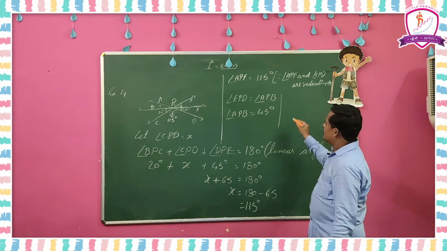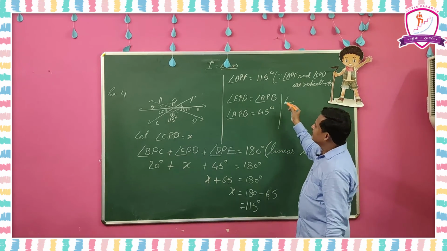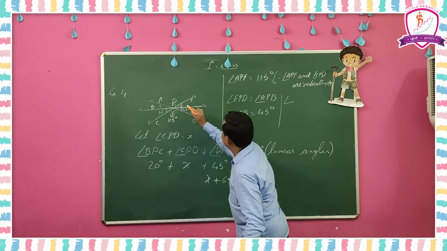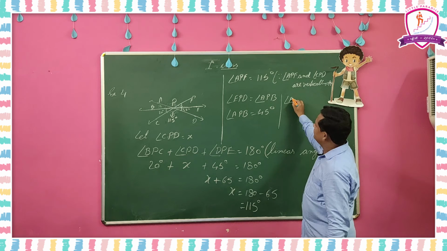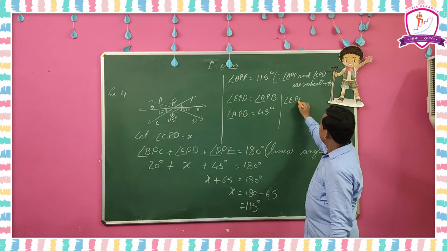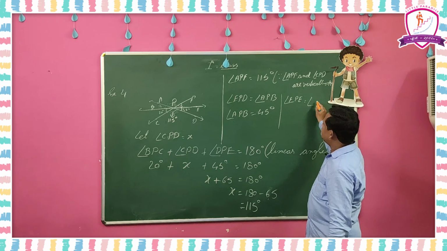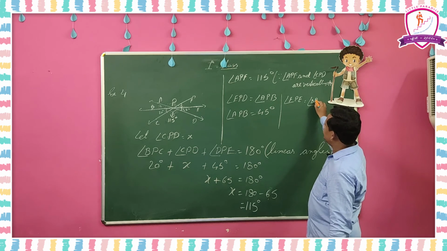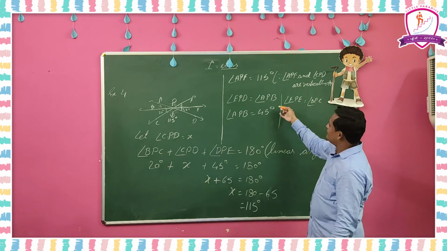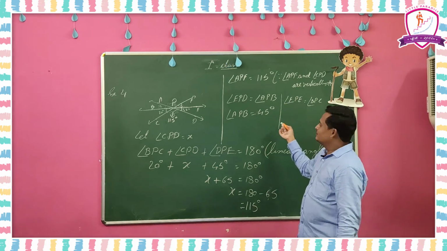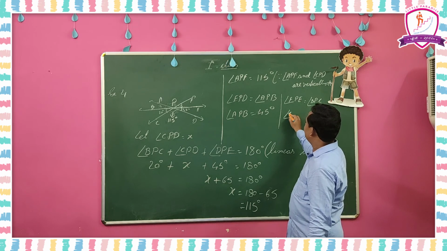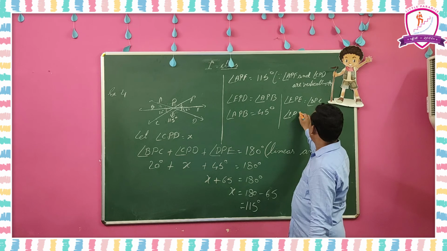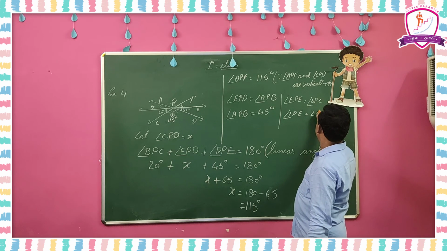And next, these 2 angles, 20 and Z. Angle FPE is equal to angle BPC. These 2 are also vertically opposite, so we can write angle FPE is equal to 20 degrees.